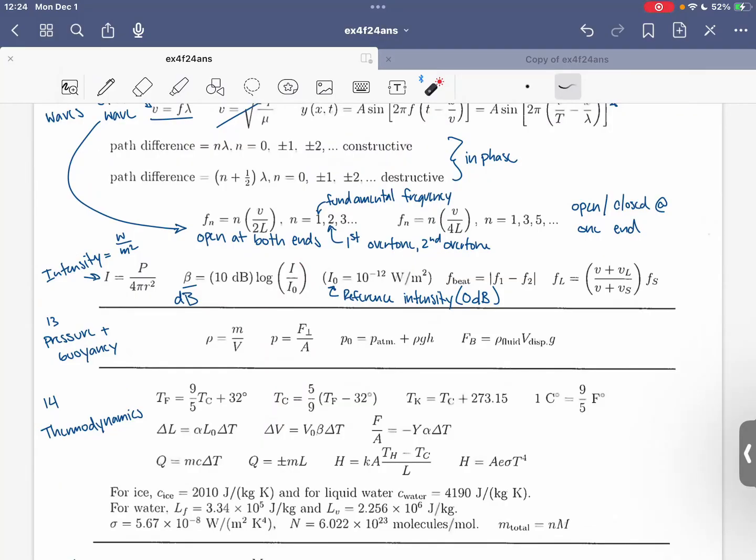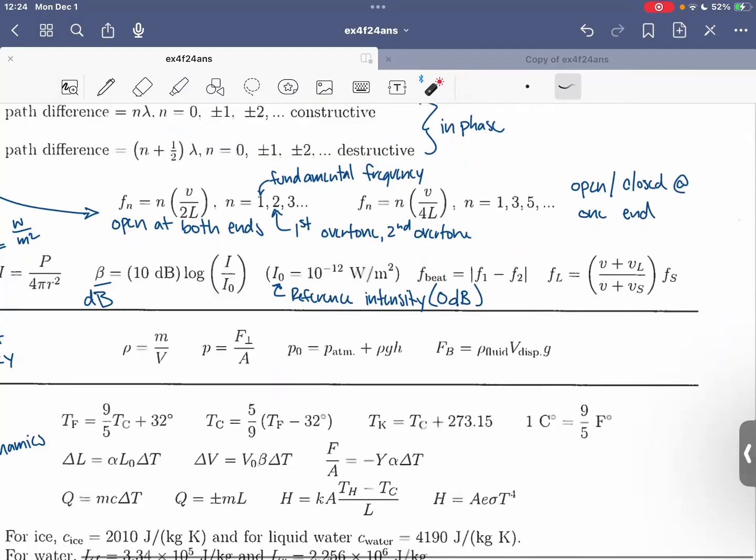We also have this beat. I honestly don't really know much about it. So yeah, I didn't see any on the last two exams, so I think it's relatively not important. But I didn't check any of the older exams.